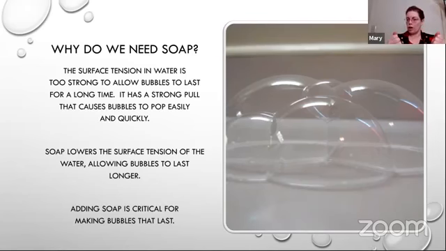It always goes back to its original state. Think of when we add soap to water, that's more of an elastic band that's a little more pliable. It stretches a little more easily, and it takes a longer time to go back into its original shape. So adding soap lowers the surface tension, so it's a little more elastic. And that allows the bubbles to last for a longer period of time.